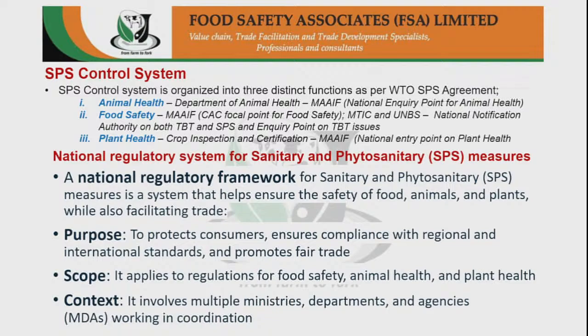So when we talk of the food control system, SPS control system, my friend has already laid out the origins of those words: animal health, plant health, and food safety. These are the strands that make SPS, and I'm going to be talking about these, anchoring my argument on MAIF as a responsible agency for animal health.